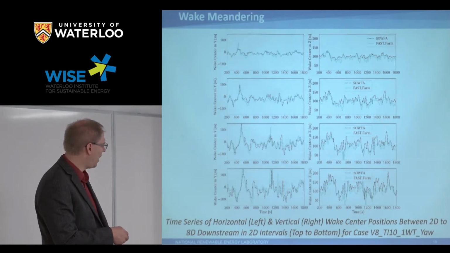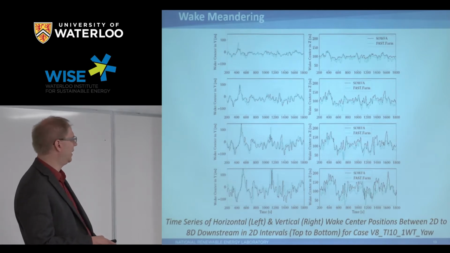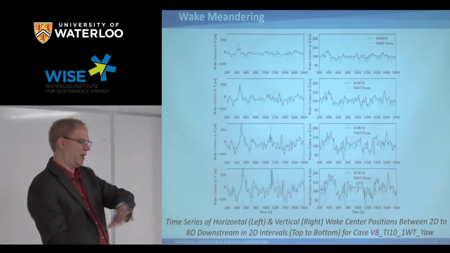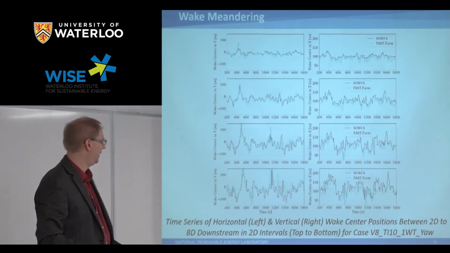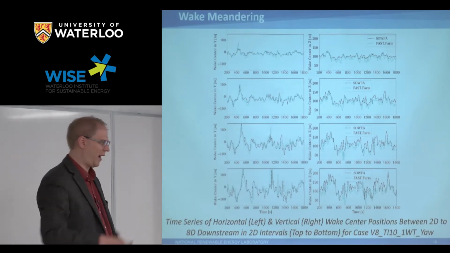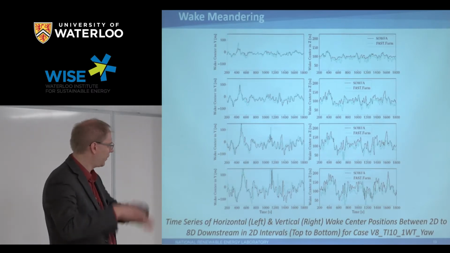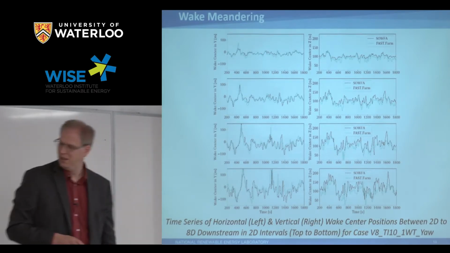There's maybe some small offset vertically, though the statistics seem to be right, and we believe that's because in SOFA the wake tends to speed up naturally over the top of the turbine and push a little faster up higher, and that keeps the wake from going as high in SOFA, so we have a small offset because of that in FAST.Farm.